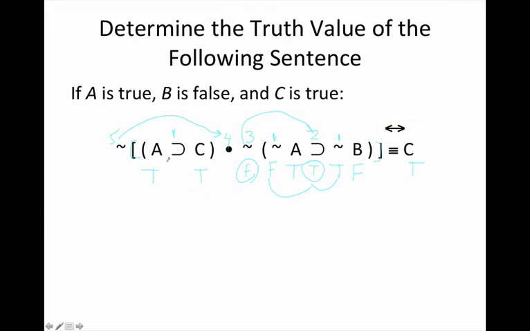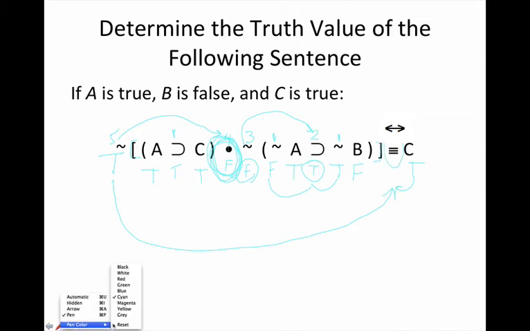So whatever horseshoe is, and it does happen to be true, dot still comes out false, and that's because the right side of dot is false, and then tilde false is true. Finally, we take the tilde and C, and we get the value of the sentence as a whole, which is true.